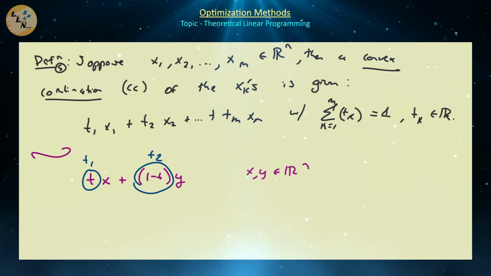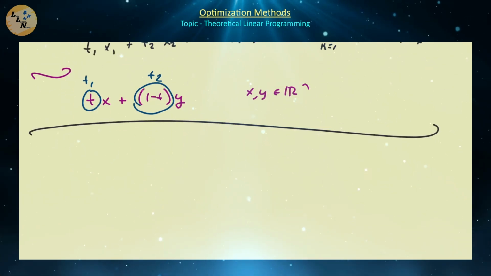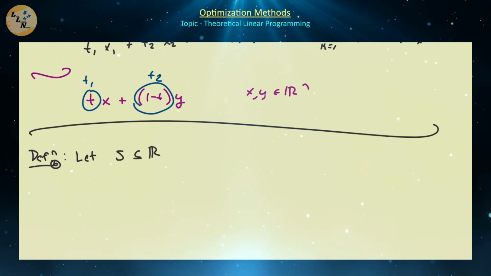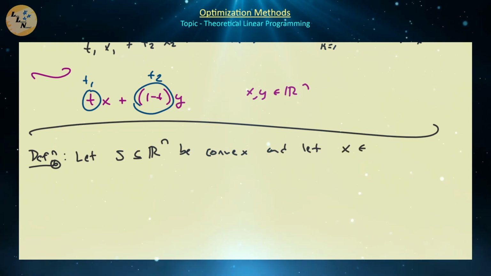Now, this next definition is going to be extremely important because it's going to start leading us into some theory for the solutions of linear programs. So let S be a region in Rn, and let's assume that this region is also convex, and let's choose an arbitrary point x within that set.